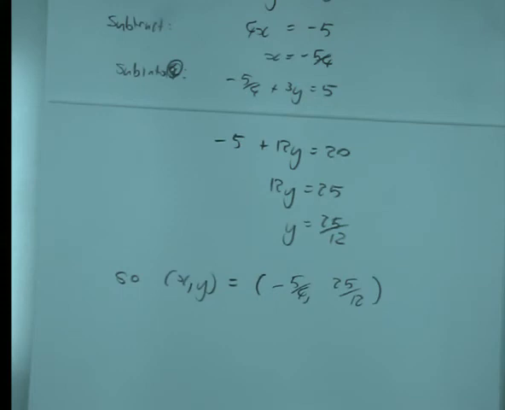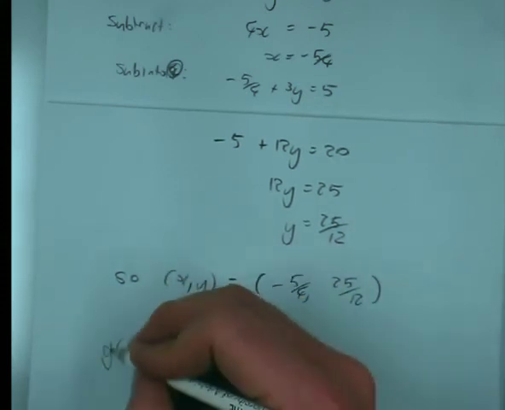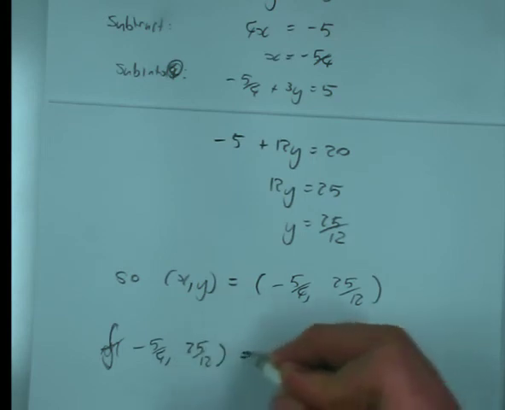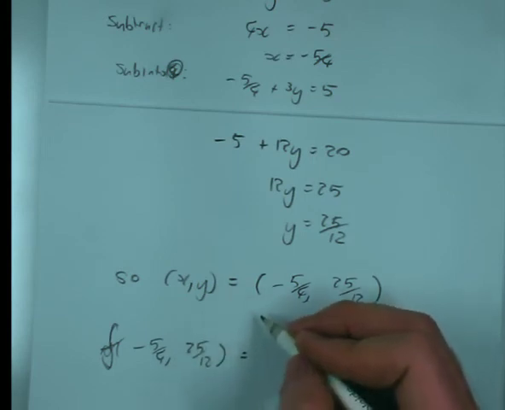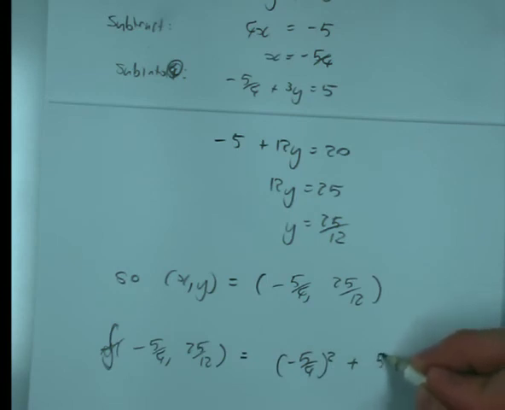So I could say like g of, no, the original function was f, wasn't it? What was my original function called? X squared plus y times x.